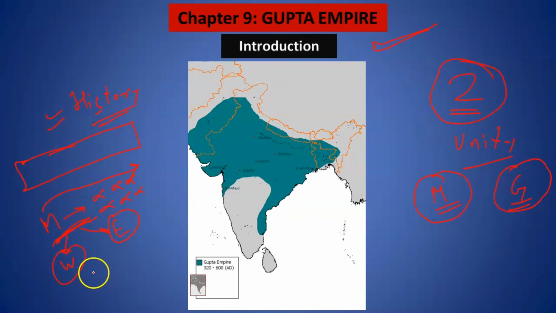And hence, if you remember, we talked about Pushyamitra Shung, who was also the founder of the Shung dynasty. He took over the Mauryan Empire. And after that, once this dynasty ended, then the Kanwa dynasty started. I told you that we do not know much about the Kanwa dynasty. And after the Shung dynasty, after some time, we will study about the Gupta period.